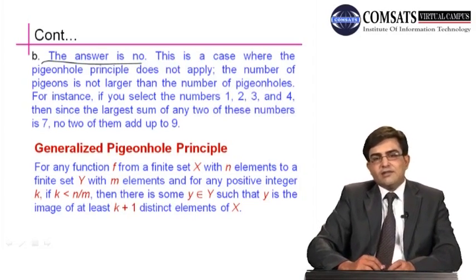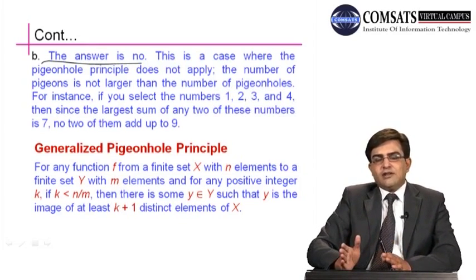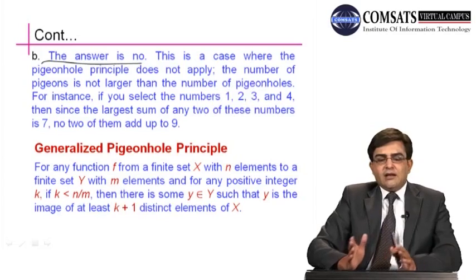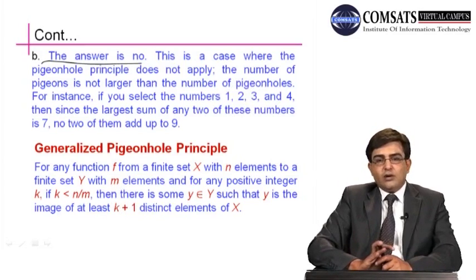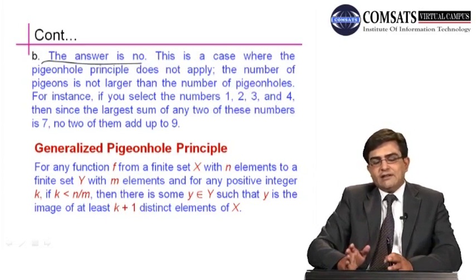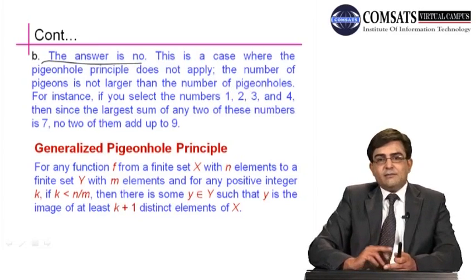We cannot apply it because the domain set contains 4 elements and the codomain set contains 4 elements. So the domain set here doesn't contain more elements than the codomain set, therefore we cannot apply the pigeonhole principle here, because in the pigeonhole principle the domain set must be larger than the codomain set.